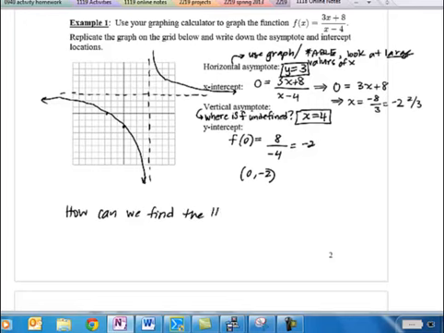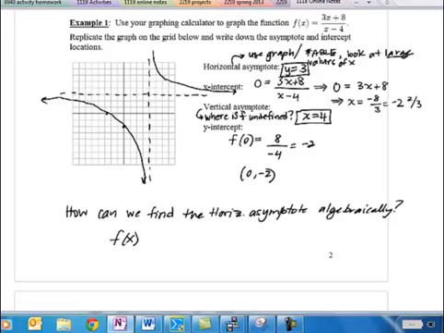So how can we find the horizontal asymptote algebraically? And here's the key.